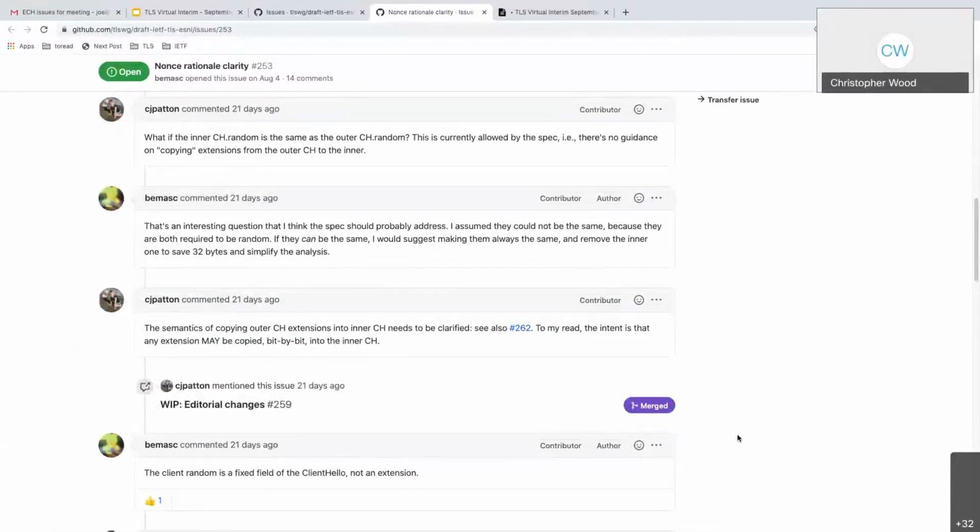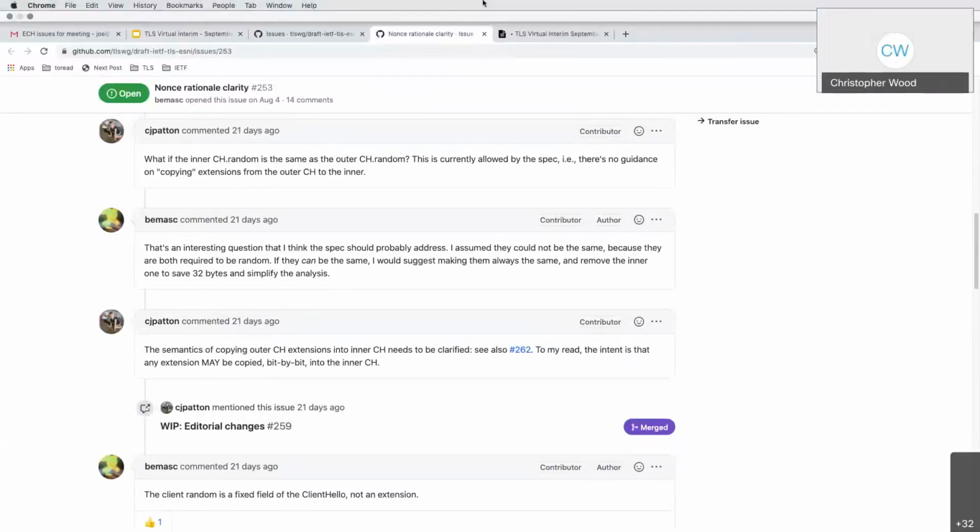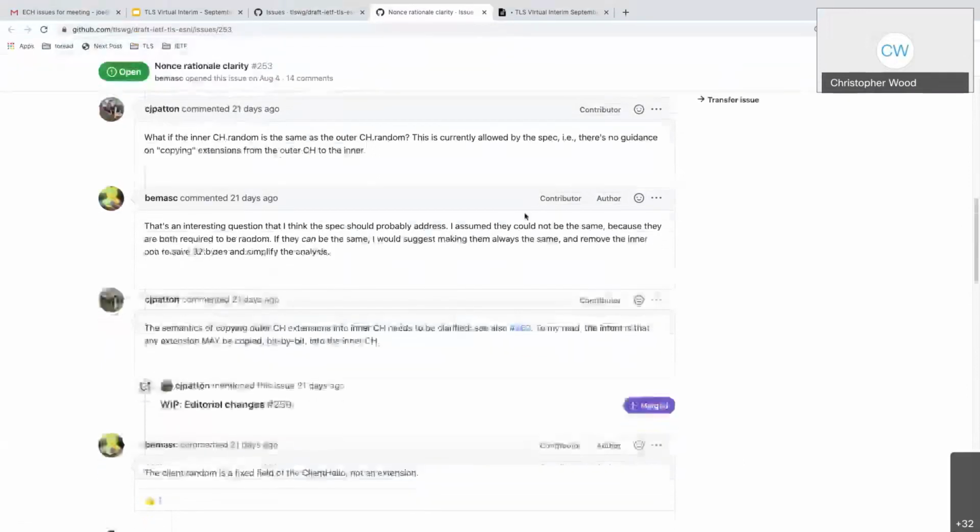I mean, it seems like an implementation detail. But you can do it without having to have three. If you derive it from three different labels, then you can have one that remains secret because it's never transmitted, and one that's the outer and one that's the inner, for example.